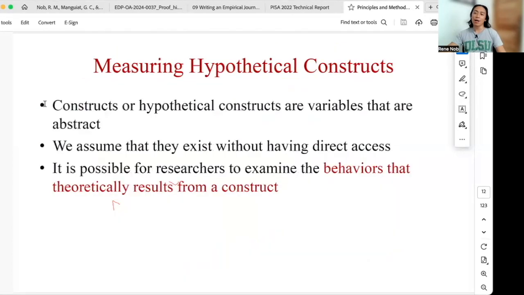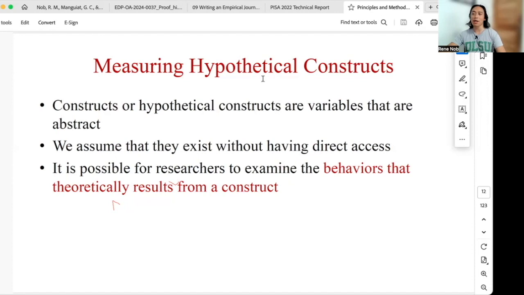Now, what are we exactly measuring, specifically in psychology and in social science? When we develop scales, what do the scales we develop measure? Generally, we refer to them as hypothetical constructs, or simply constructs.